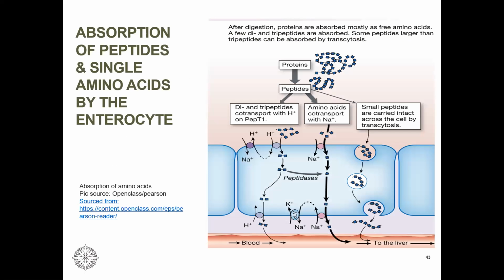So if somebody has issues with sodium levels, then that will impact absorption of amino acids also. What this diagram is depicting is that after this hydrolytic digestion, tripeptides, peptides, and amino acids can be absorbed intact across the intestinal mucosa and then into the blood.